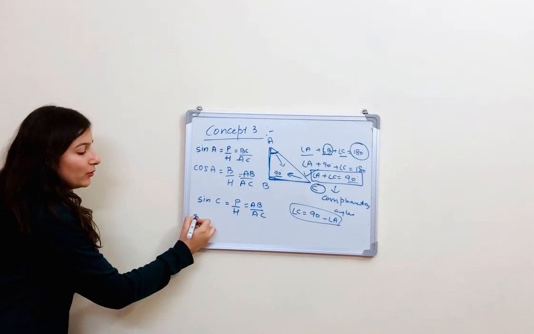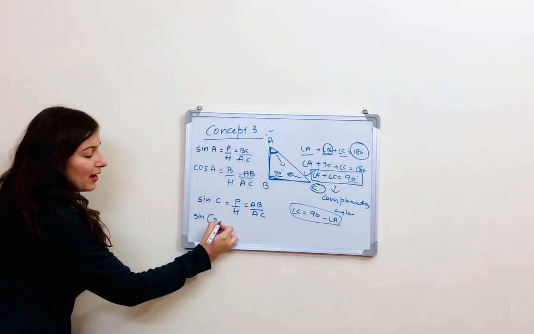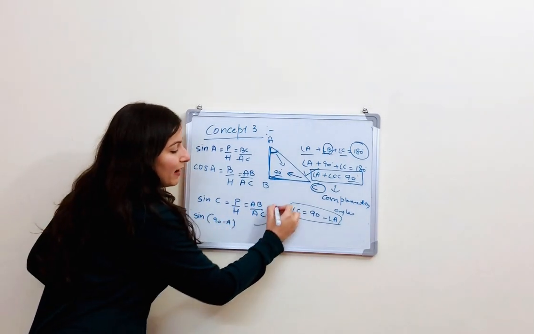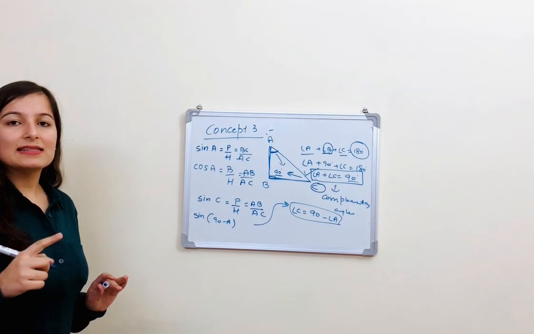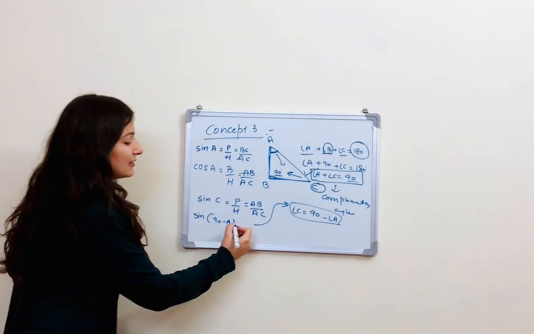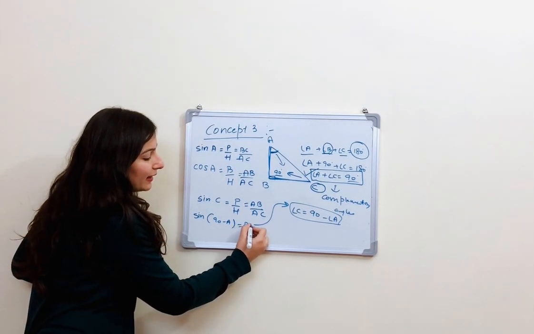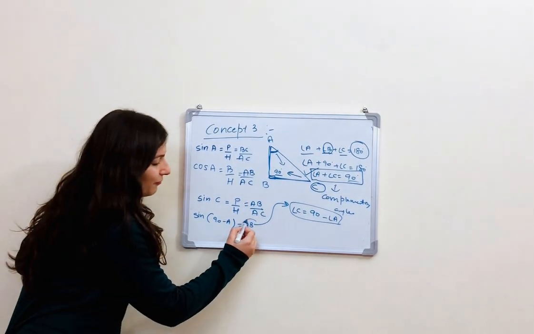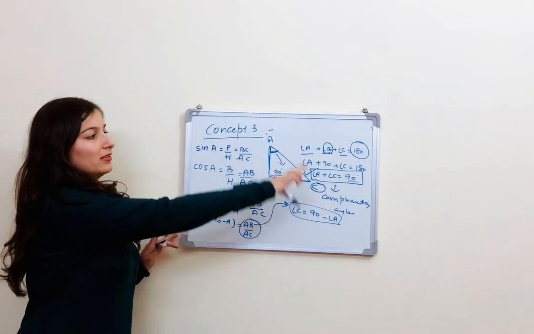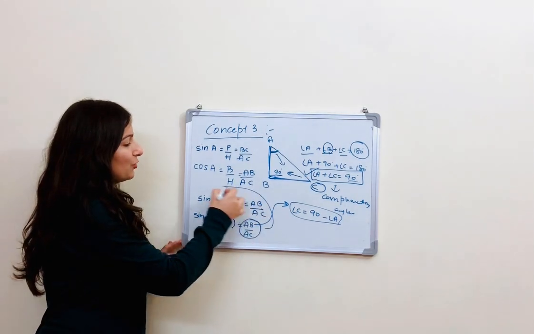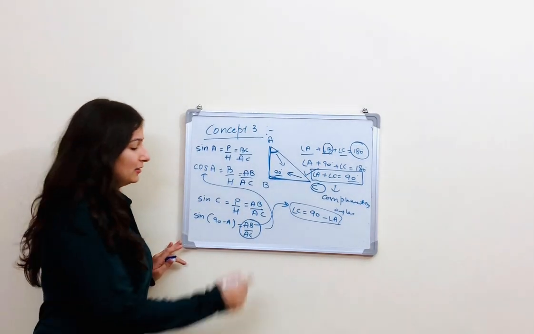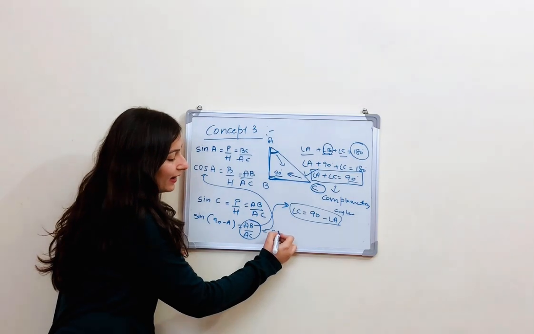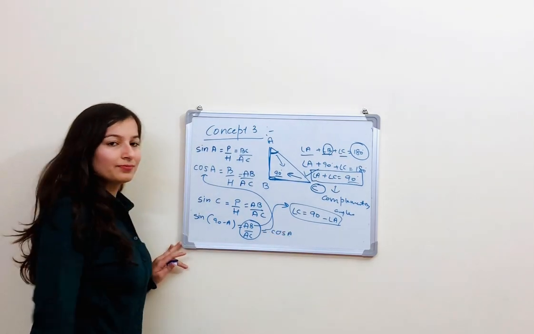We can substitute C as 90 minus A because we have already found its value. Angle C is 90 minus angle A, and sine 90 minus A came out AB upon AC. But we have seen this ratio somewhere here, and this is the ratio of cos A. So sine 90 minus A equals cos A.